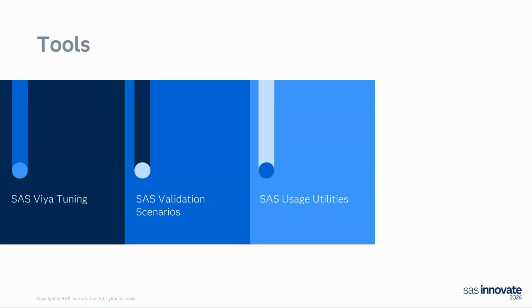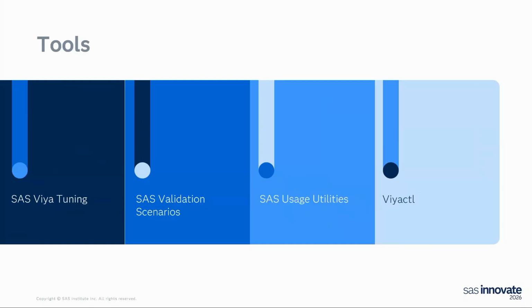So for instance, it tells you, okay, these are the amount of users that have logged in over the past week, over the past month. So you can sort of see that development over time. It will tell you, okay, how many compute sessions were started, what is the maximum number of concurrent sessions that were running on this system. So it gives you a high-level overview of the utilization of your environment.